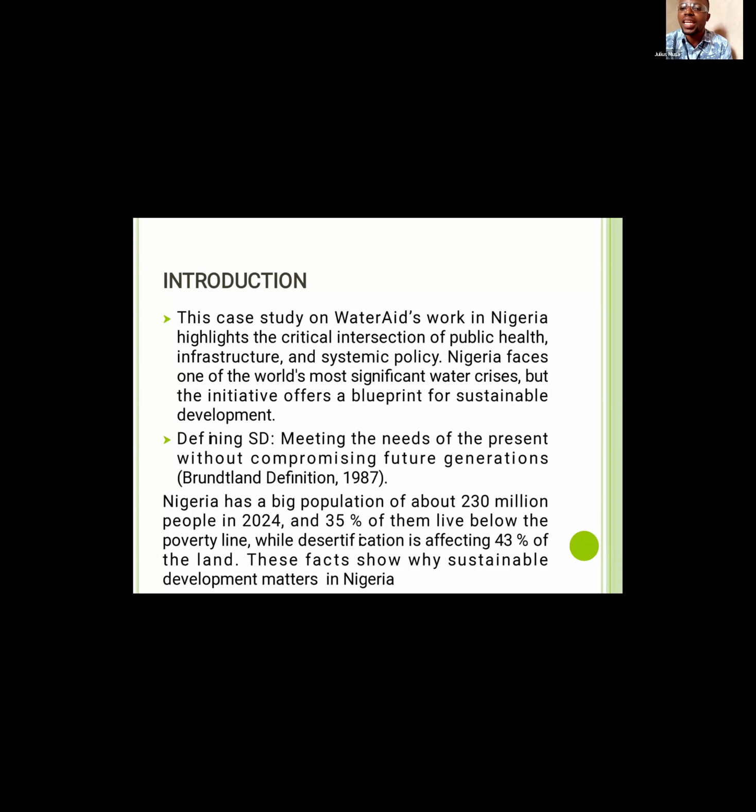Living below the poverty line means the happiness index and their standard of living are compromised. Desertification is affecting 43% of the land, which is true; we can see it especially in the northern axis, with rising menace. These are facts that show sustainable development matters in Nigeria, which we're going to look into. Next slide, please.